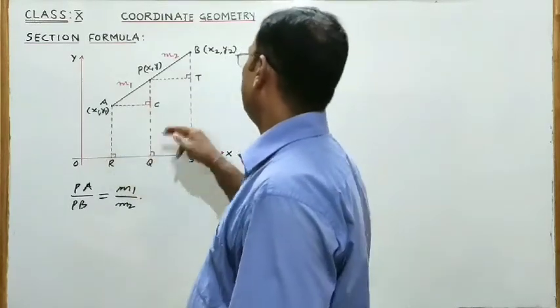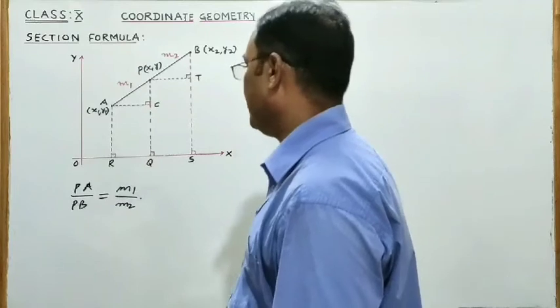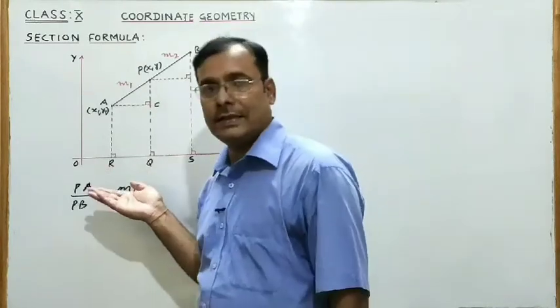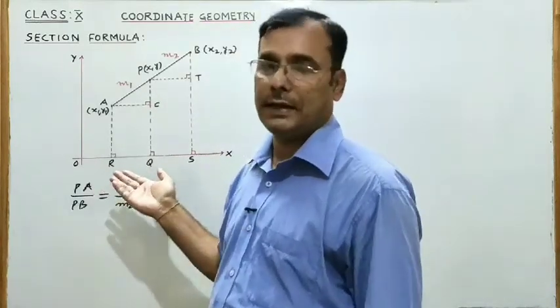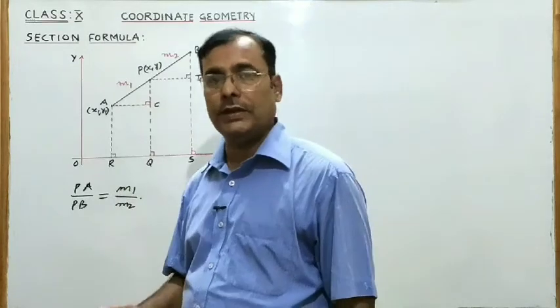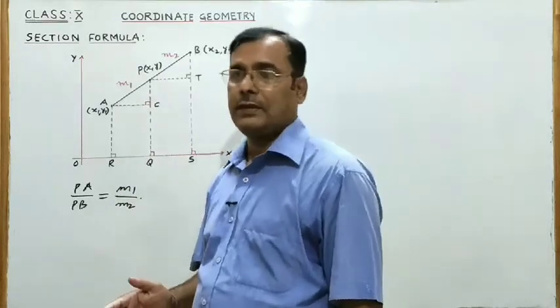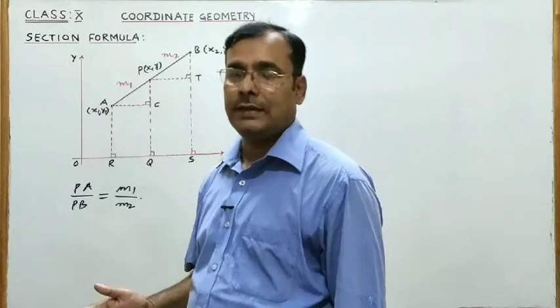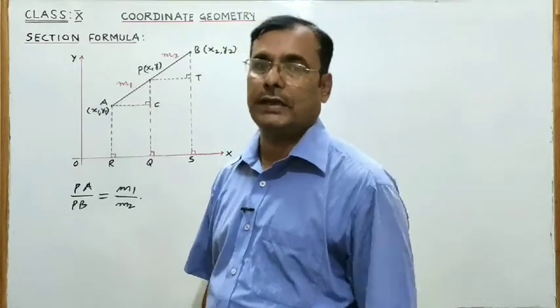AR, PQ and BS are perpendicular to the x-axis, so they will be parallel, because perpendicular lines drawn to the same line are parallel to one another.